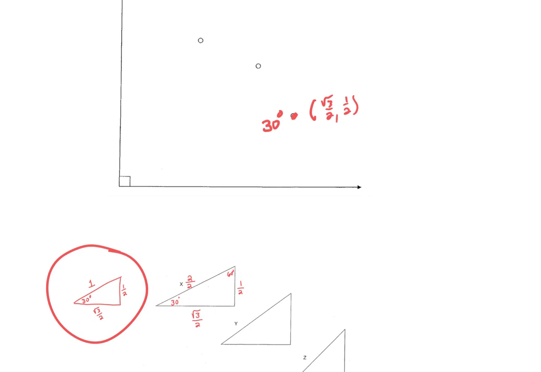Now we need to label these angle measures. We need to label what the degrees are. So we want to progress through the quadrants with our 30-degree reference angles. So in quadrant 1, we know this is 30 degrees. In quadrant 2, we know this is 150 degrees.